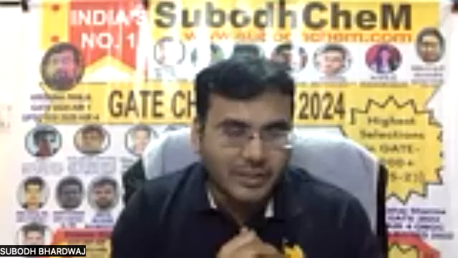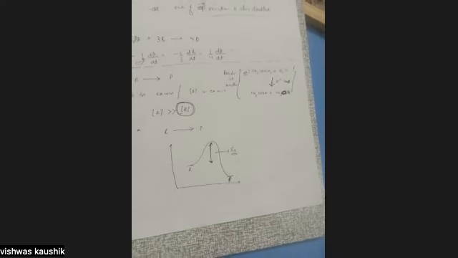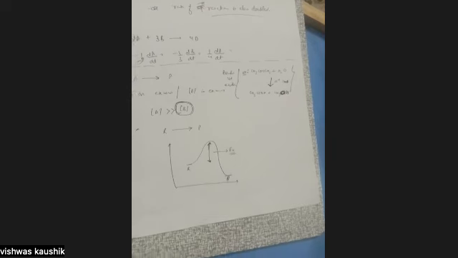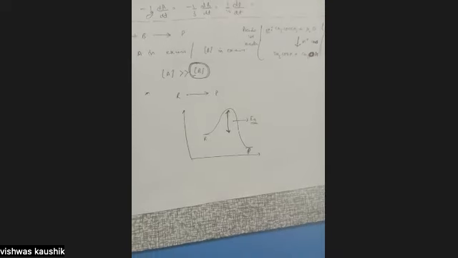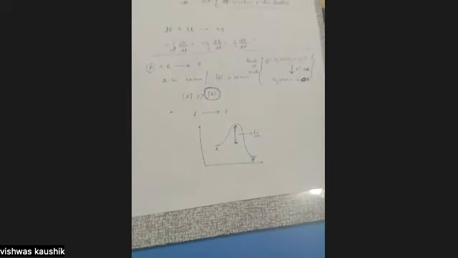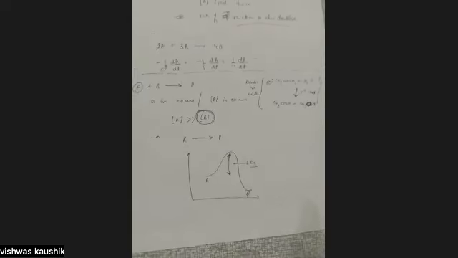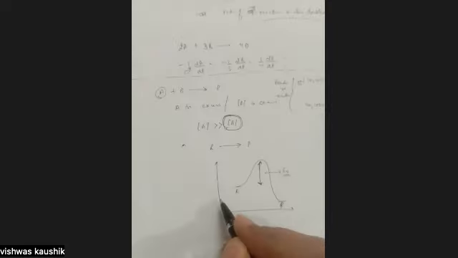What is the difference between actual energy, activation energy, and threshold energy? Actual energy is the energy of the constituent particles of the reactant. For example, if the y-axis shows the energy, then this is the actual energy of the reactant.